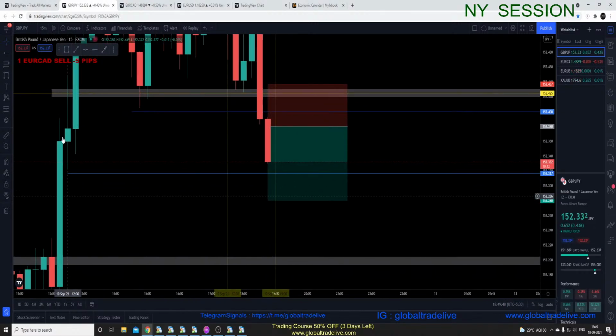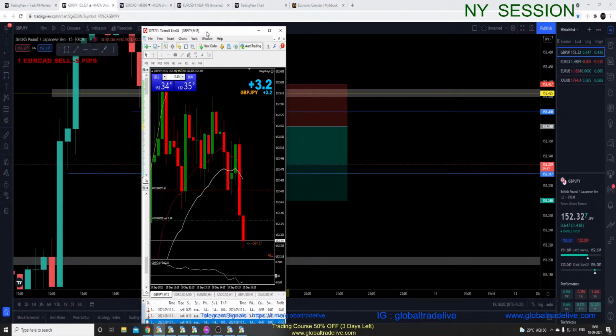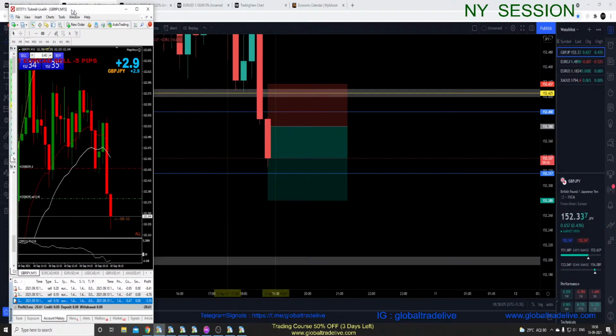I think now this whole move will be corrected over here. 5.2 pips here tapped. This is the trade running right now.